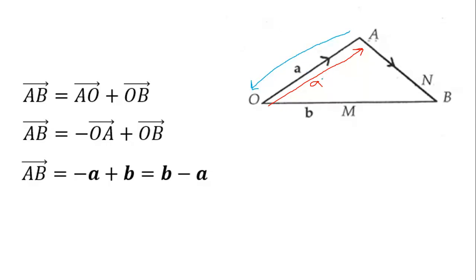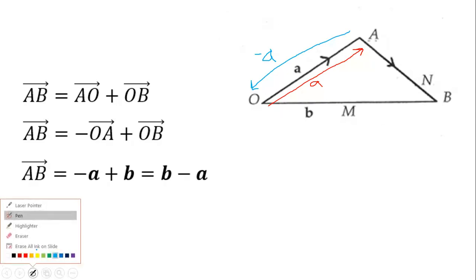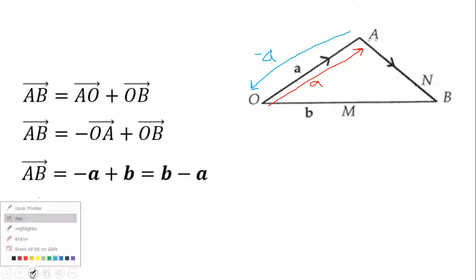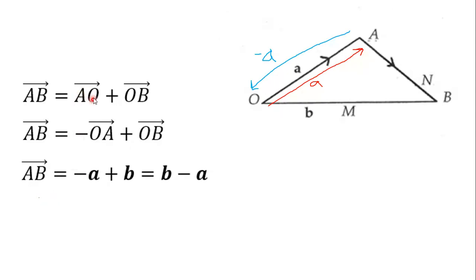And so since OA is a, that means AO would be negative a, because we're going in the opposite direction. So AO is equal to negative a.